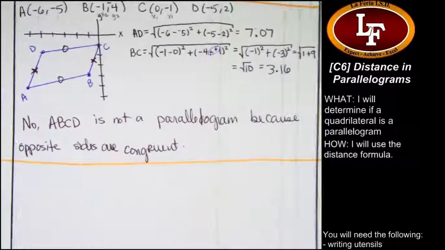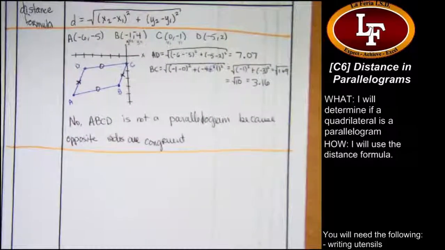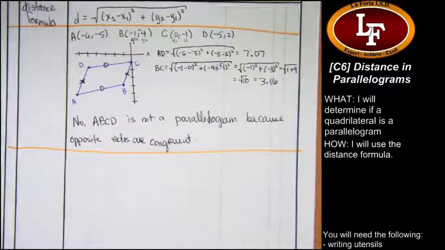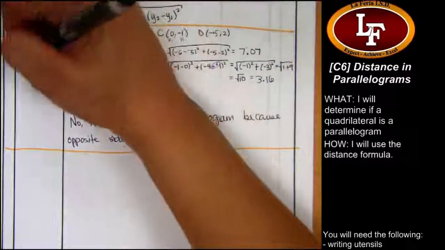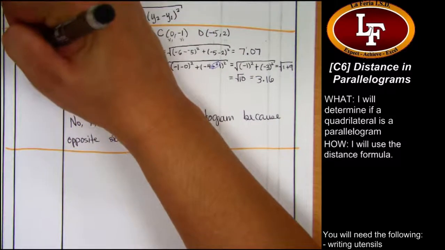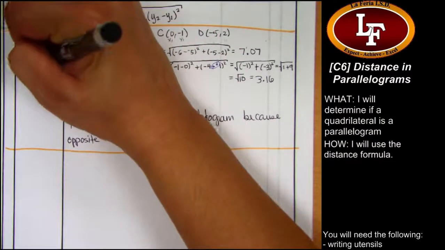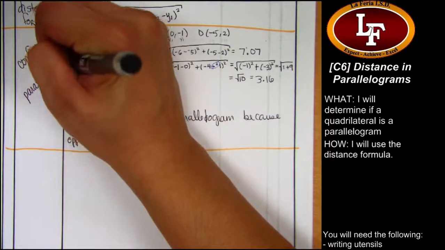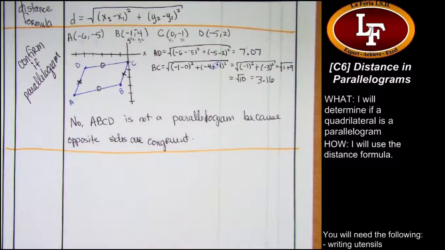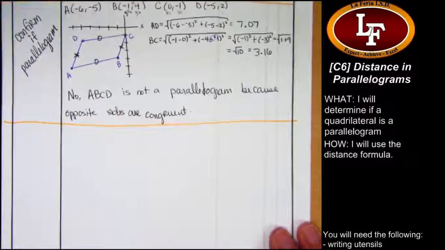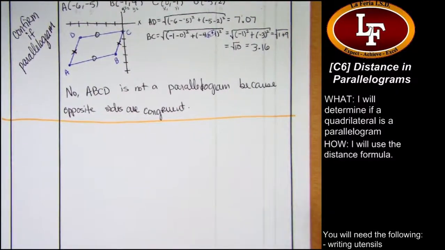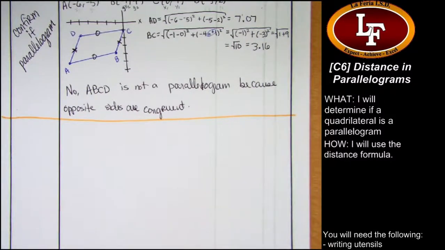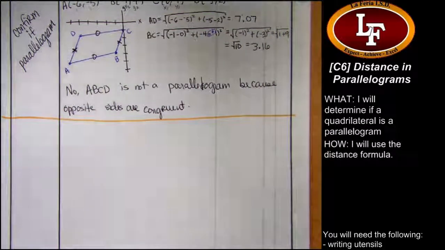All right, so we figured out how we can use this to confirm whether it's a parallelogram or not. Let me write it here: confirm if parallelogram. That way when you're going back through your notes, you know where to find it. But we can also use this to confirm if it's one of the special kinds of parallelograms.